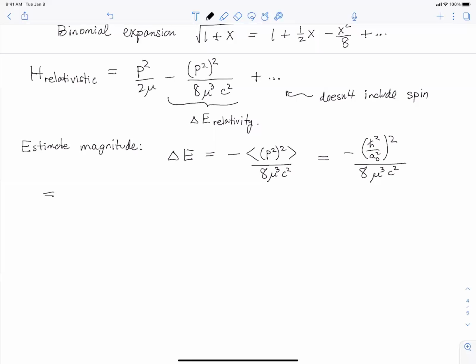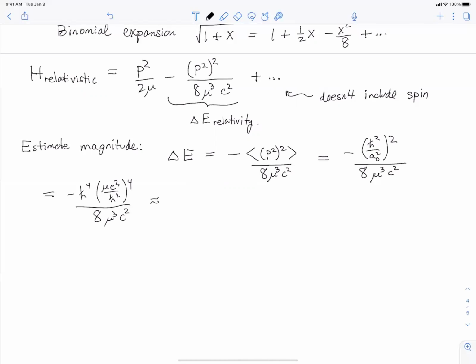Okay, and so now our strategy, again, is to rewrite everything in terms of, to eliminate the Bohr radius. So this is minus h bar to the 4th mu e squared over h bar squared to the 4th over 8 mu cubed c squared.